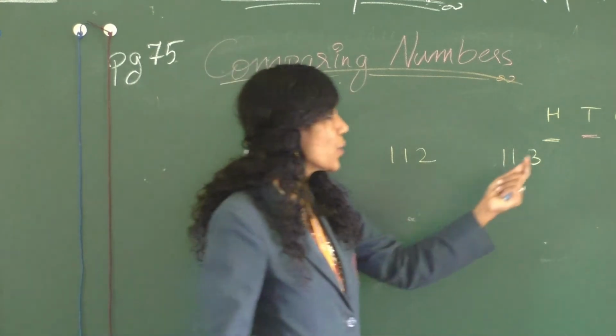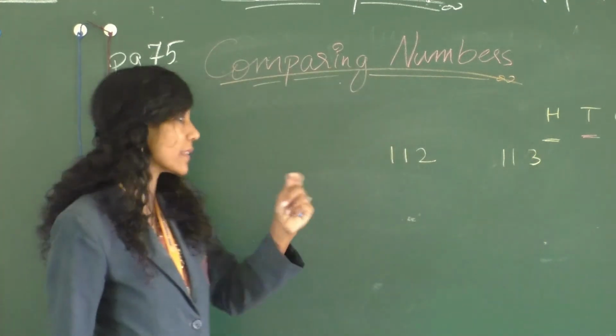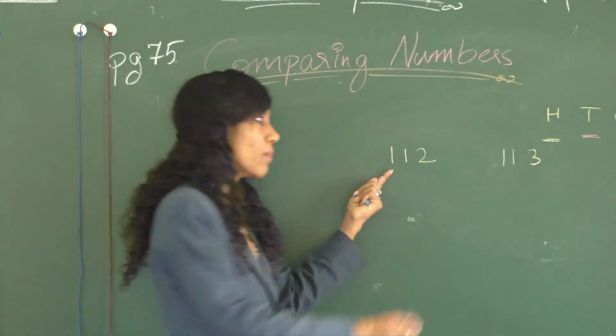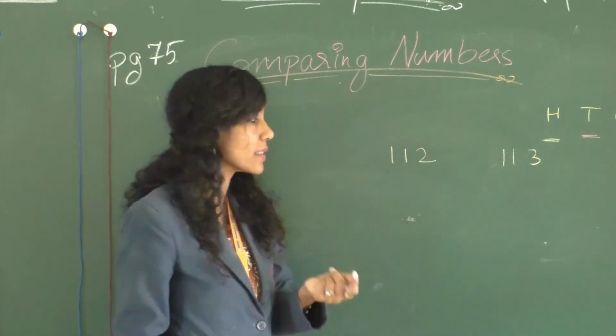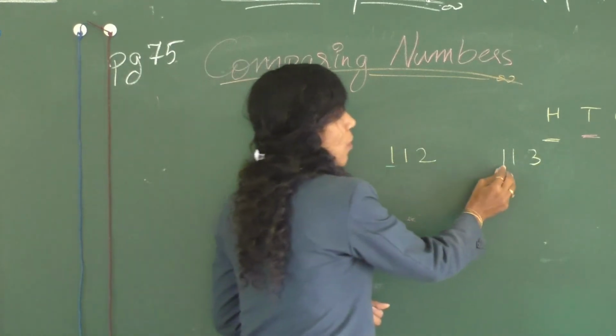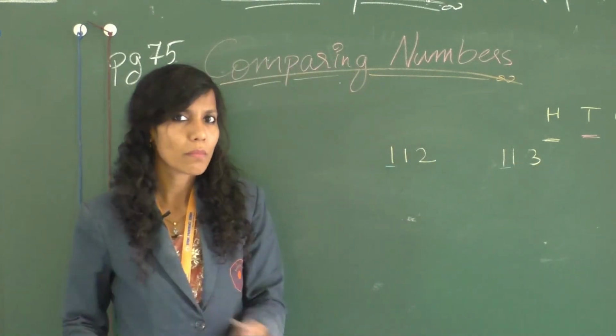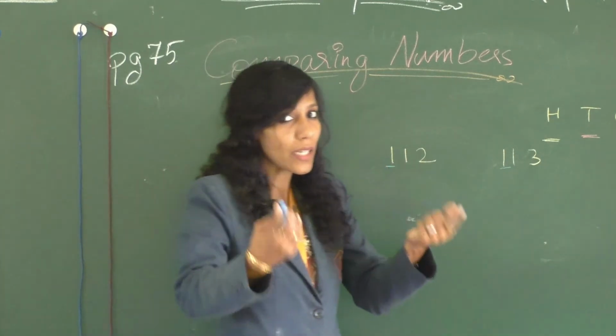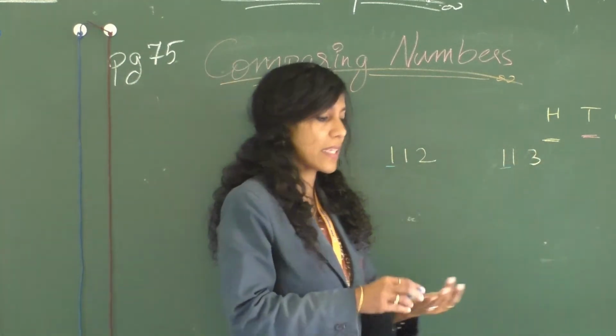So what did I say to you? First we will see the hundreds place. Both have the same hundreds digit, 1. So we will go to the next tens place.